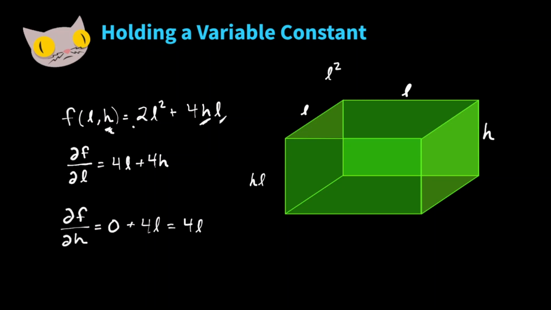You see now this term, with just an L in it, went to 0, and for this term, the derivative of h to the first power is just 1, and this L that was being multiplied to that h got to continue on. So our final answer is 4L for the partial derivative with respect to h.